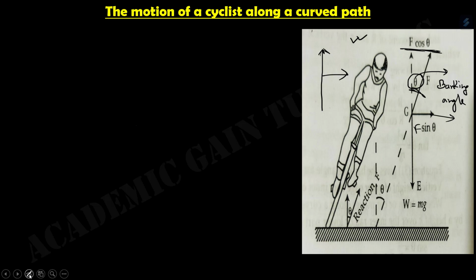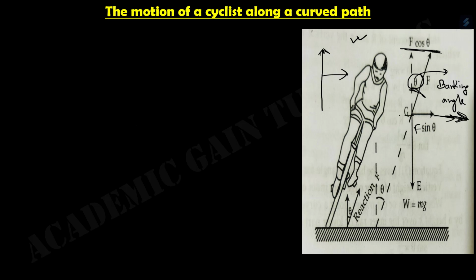Now we will derive some formula from that. When he or she bends down, it creates a circular path, and there will be a centripetal force, because if he or she wants to move in a circular path and not fall down, there must be a reaction force which opposes the centripetal force.